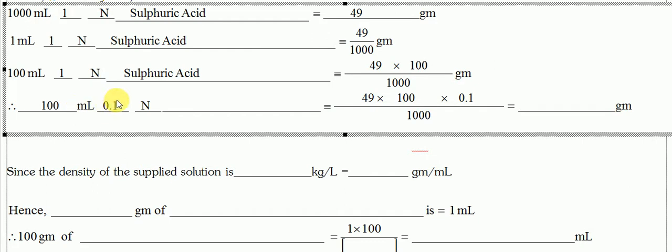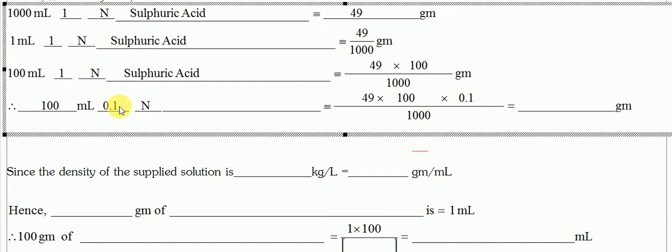If the volume remains the same, then we have to multiply the unit normality of sulfuric acid with that value of normality. If the value of normality of sulfuric acid changes from 1, then we have to multiply this whole thing with the changed value of normality.